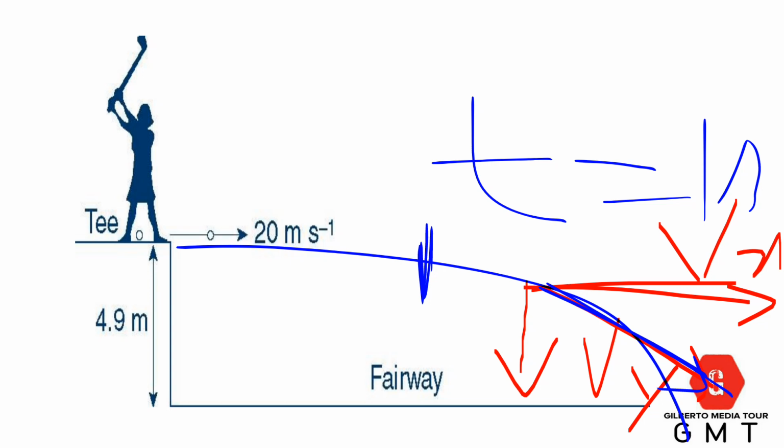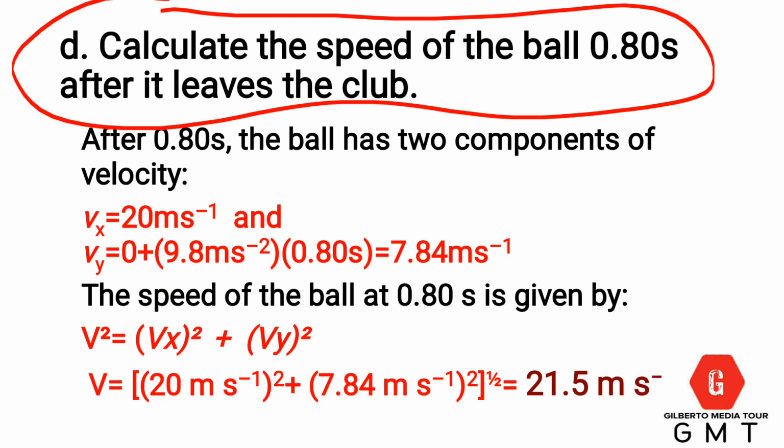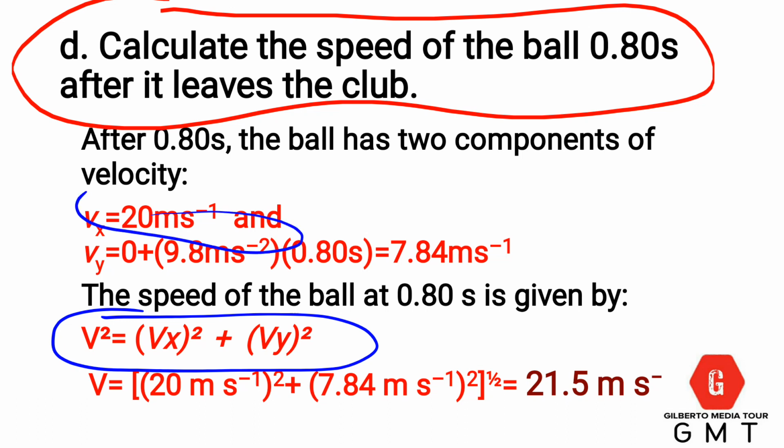It is given by the resultant of the two component velocities Vx and Vy, where Vx is given, and Vy can also be calculated.